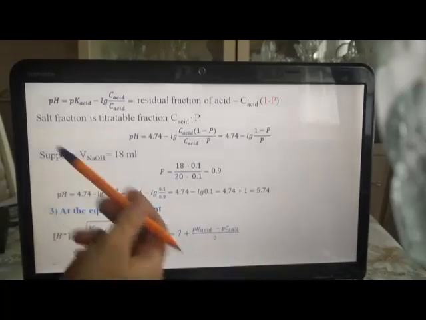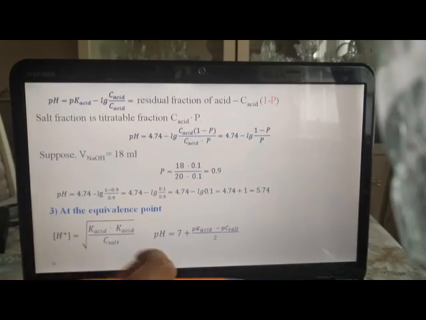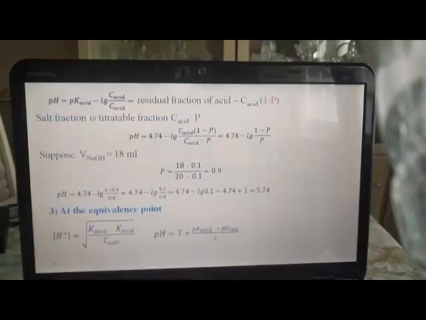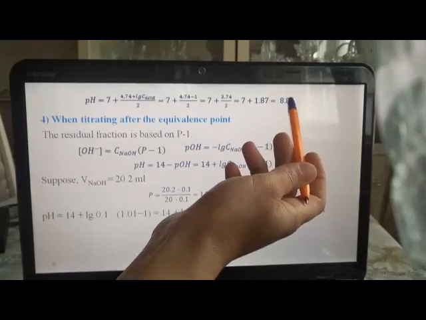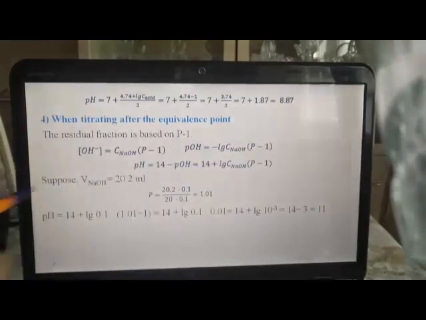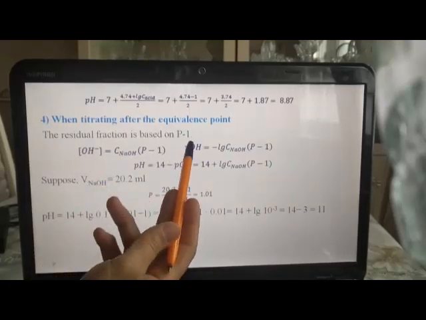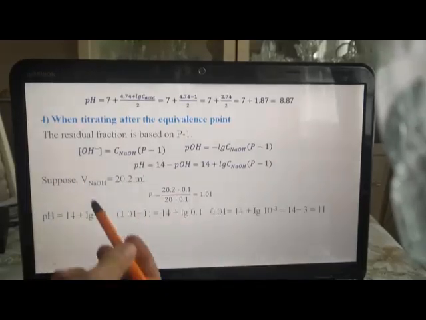In the third case, at the equivalence point, the concentration of hydrogen protons is found from this equation, and according to this we find pH. pH using this calculation is equal to 8.687. Fourth, when titrating after the equivalence point, the excess fraction is based on P minus 1, and we use these calculations.